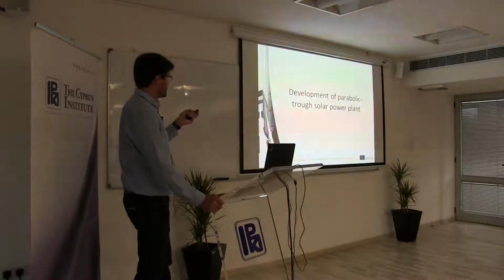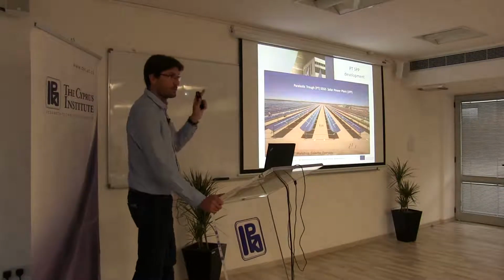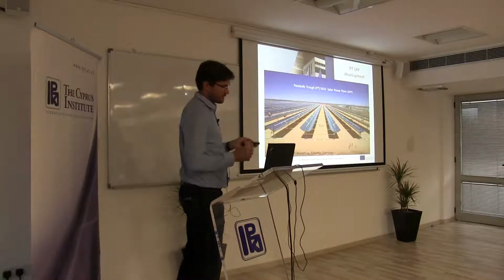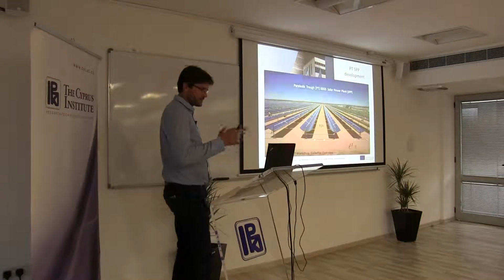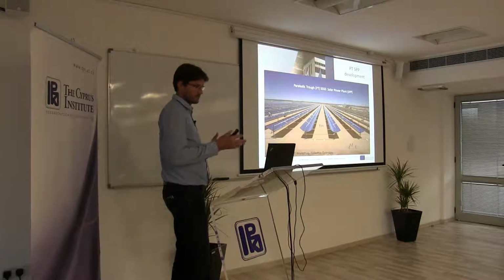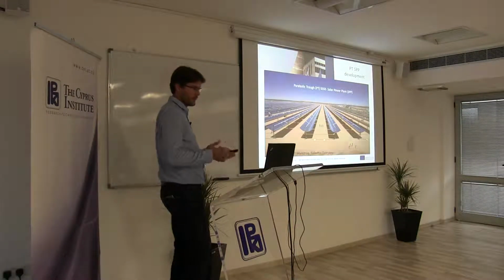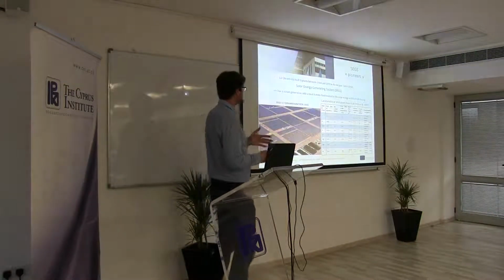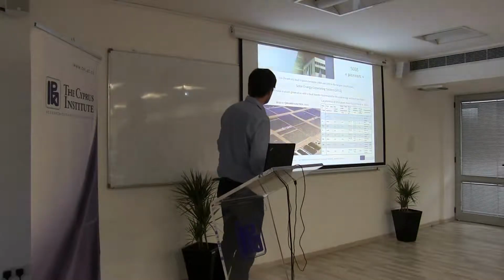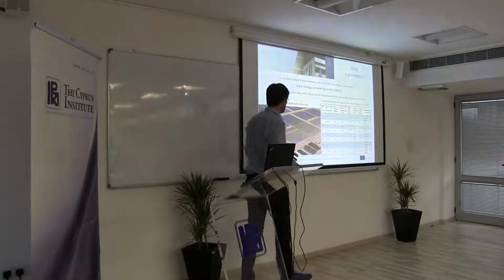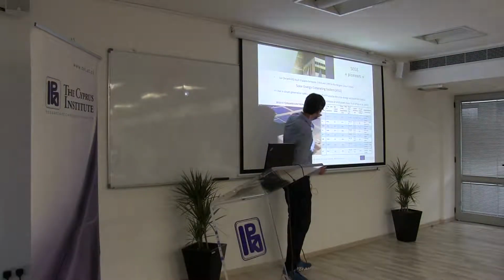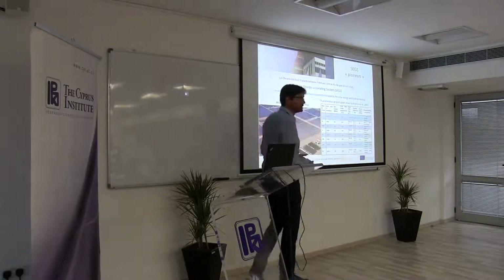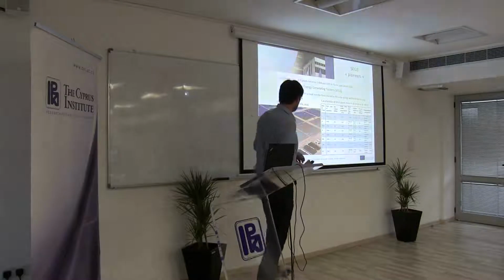So, a little bit of history of the power plant development with parabolic trough technology. So this is a picture of the first SEGS solar power plant. SEGS for Solar Energy Generating System in USA. And you have here a table gathering all the plants, 1, 2, 3, 4, 5, until 9, okay, with the years.